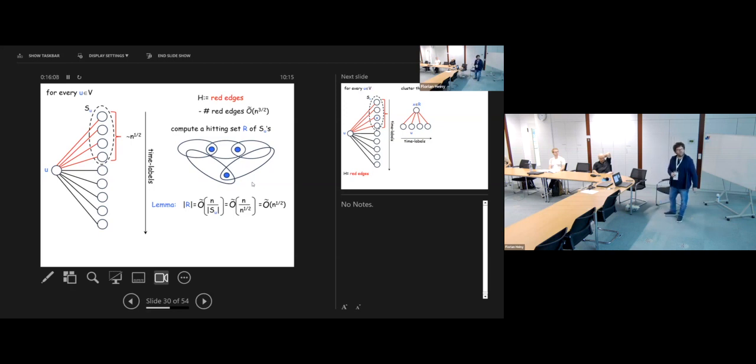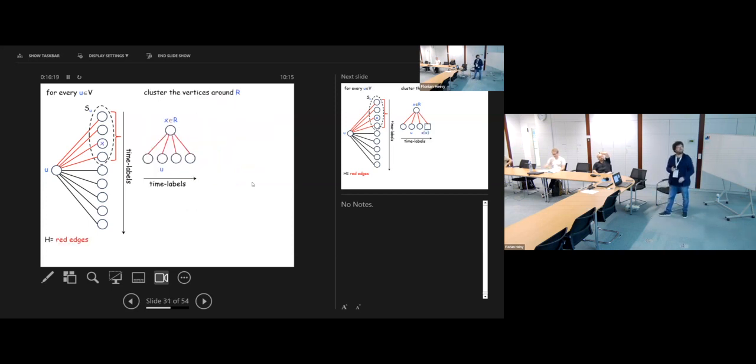Okay, so we have a hitting set of size roughly square root of n, and we use it to compute a clustering for the vertices. How to do that?